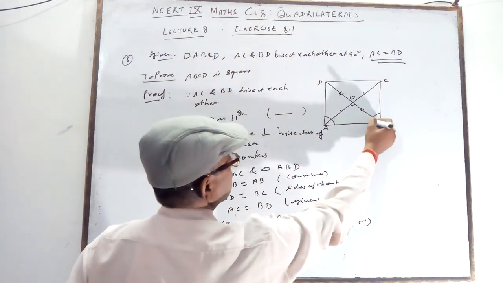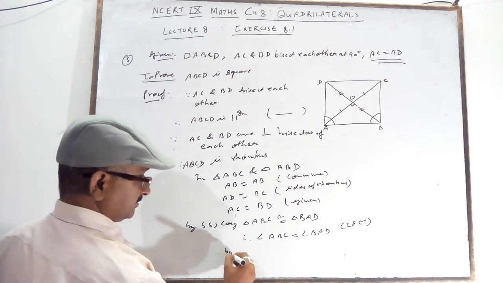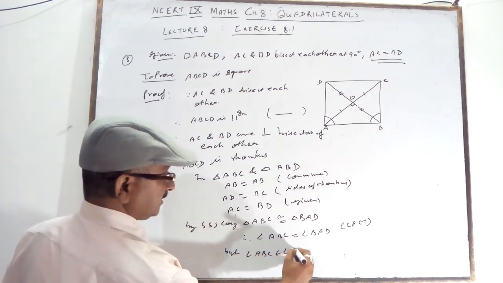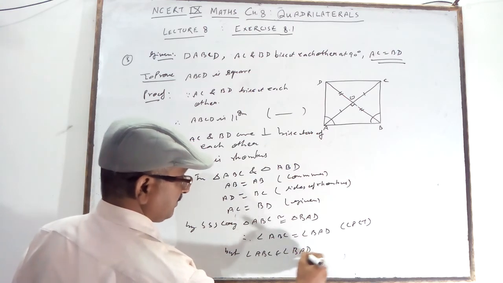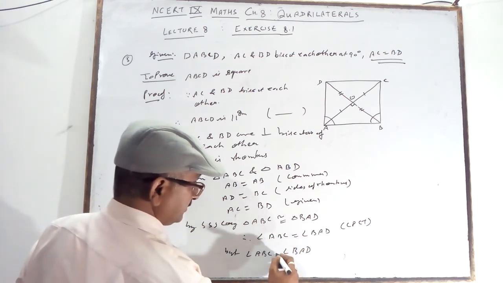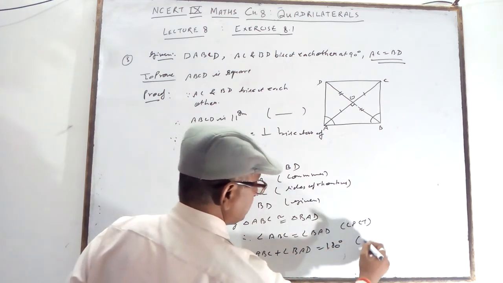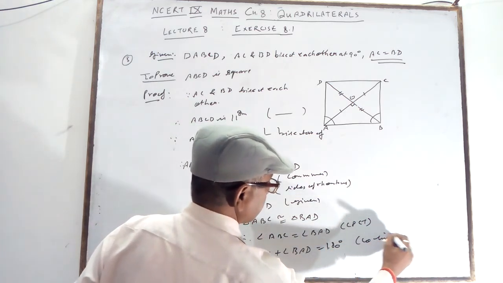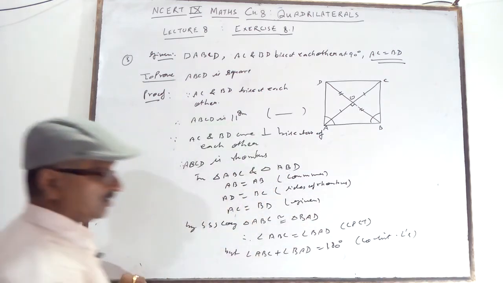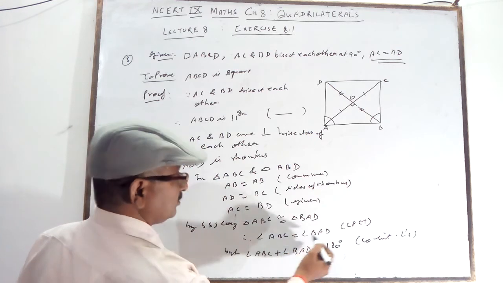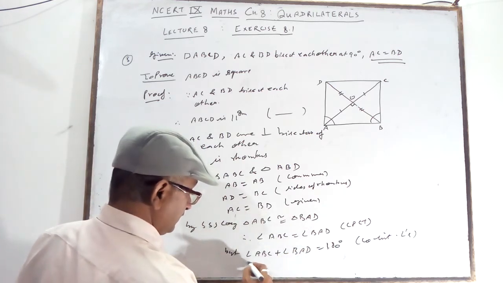This angle is equal to this. But angle ABC plus angle BAD is equal to 180 degree, co-interior angles or adjacent angles of a parallelogram. So in place of ABC, you can write BAD.